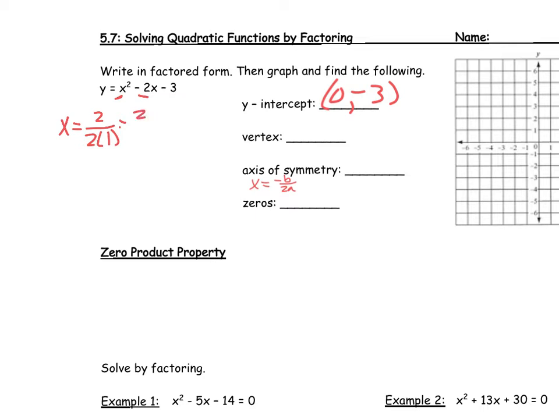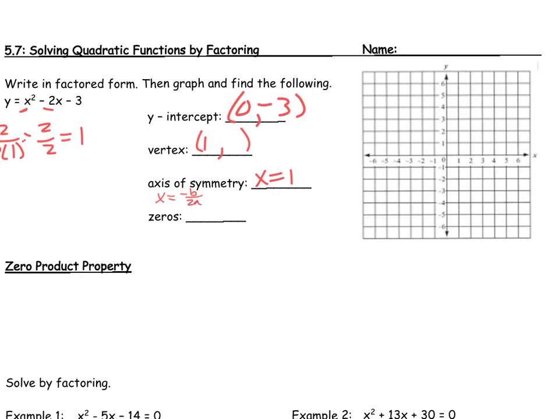So it's 2 over 2, or just 1. So my axis of symmetry is x equals 1. Now my vertex's x is going to be 1 also. Graphing in our axis of symmetry, there it is, AOS, x equals 1.